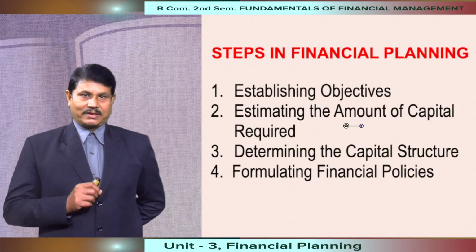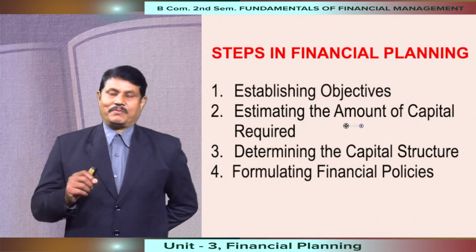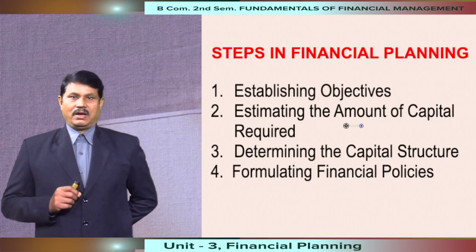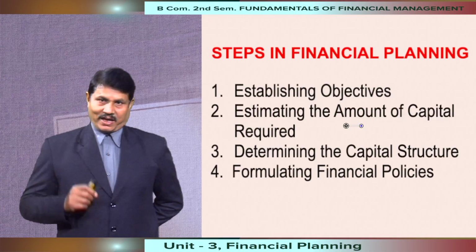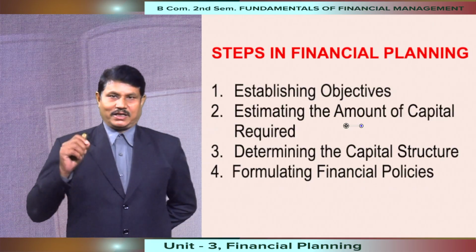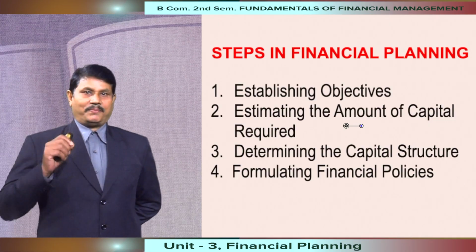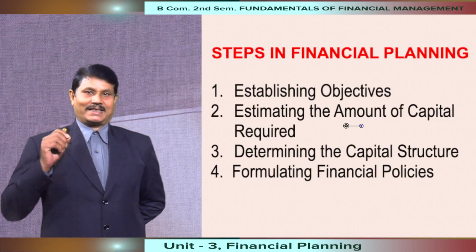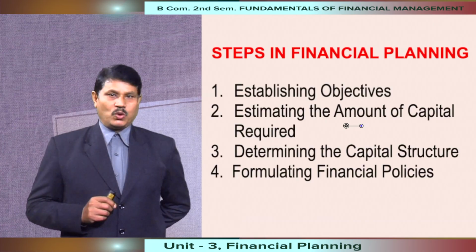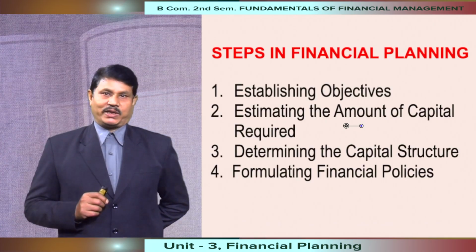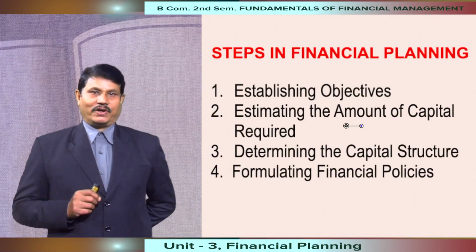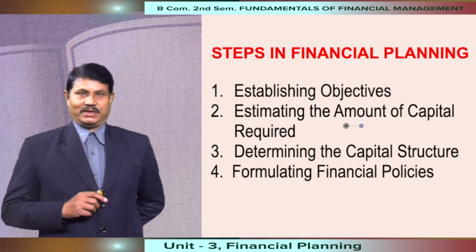The next step is estimating the amount of capital required. The basic aim of the financial planning is the determination of capital requirements. The financial planners should estimate the amount of both fixed and working capital required for various needs of the business.